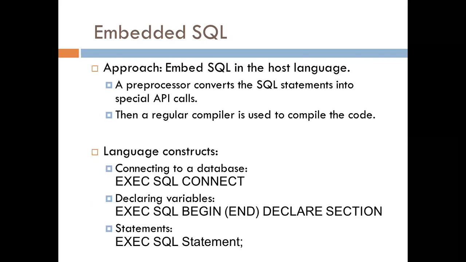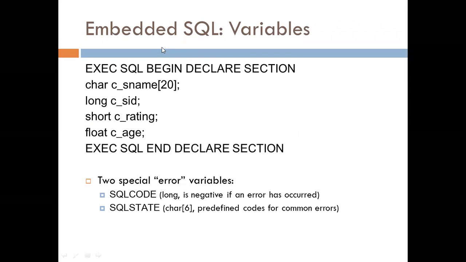All the SQL statements can be written as exec SQL followed by the statement. These are the language constructs which are used in embedded SQL. A complete declaration section would look like this: exec SQL begin declare section, matched with a corresponding end declare section, and inside this we can declare the variables, like character cname 20, SID, rating, age.